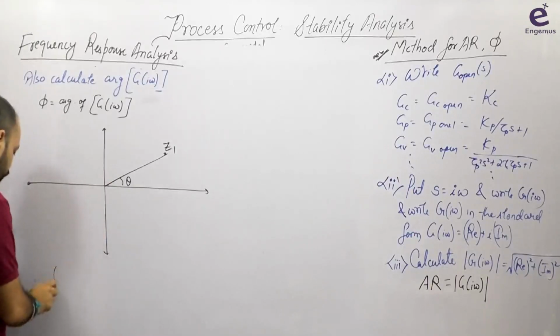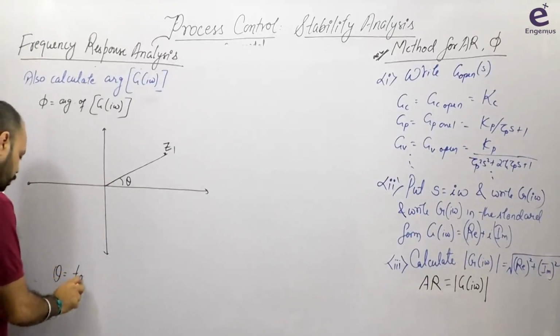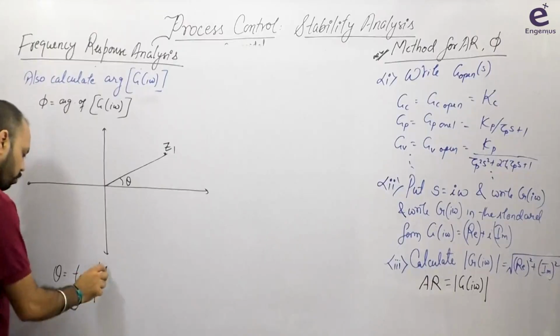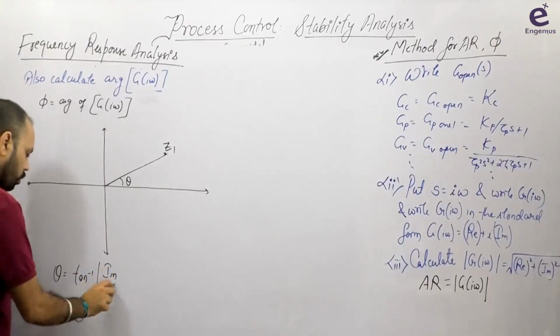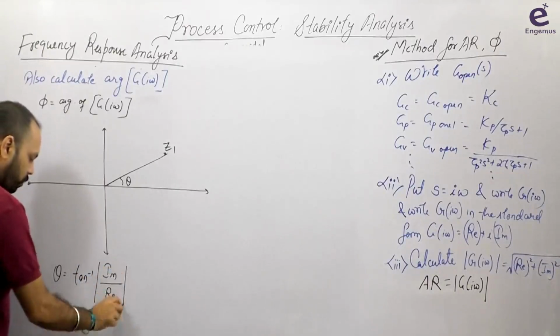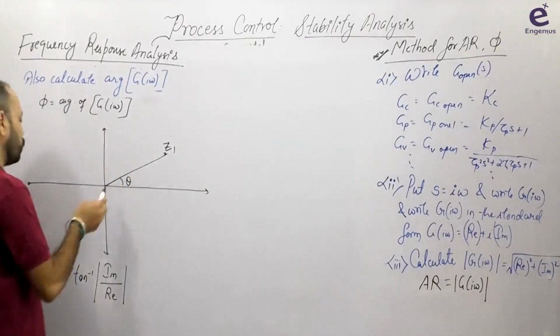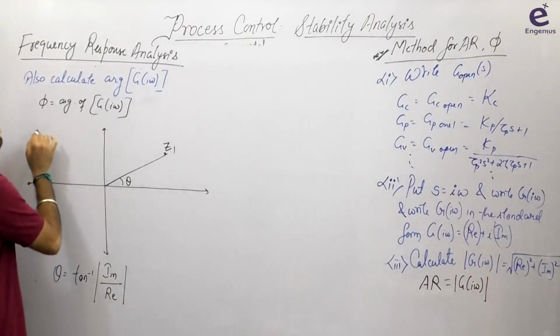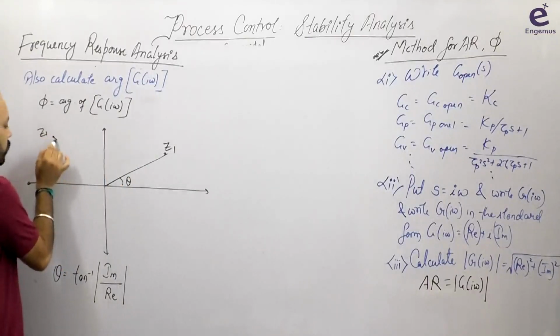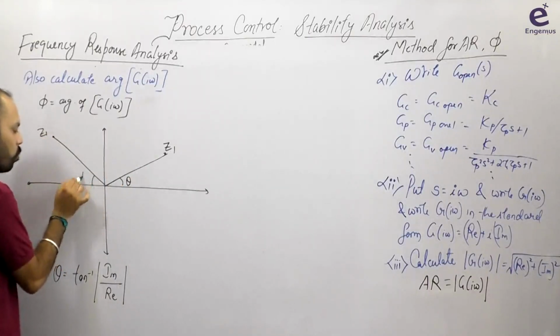Theta can be found as tan inverse modulus of imaginary part by real part. Tan inverse y by x. So imaginary part by real part, with modulus, and first find theta. Now after that, you have this location. Suppose your complex number lies in the second quadrant, then this is the theta. It is not augment, it is theta.